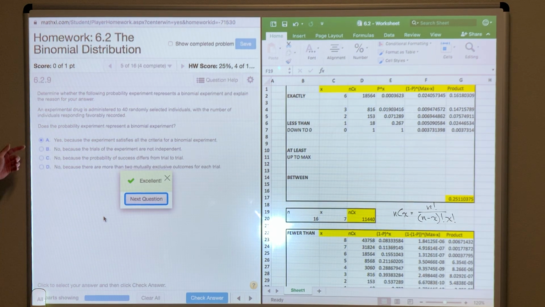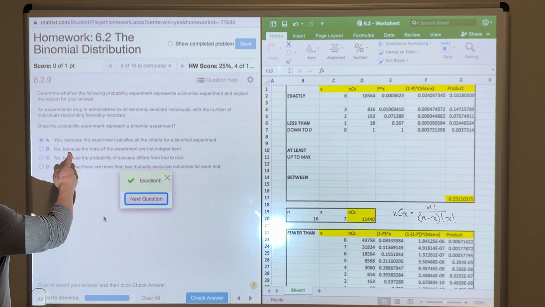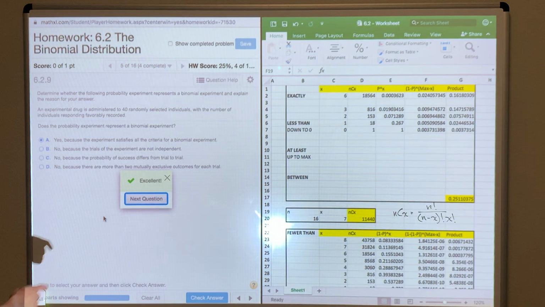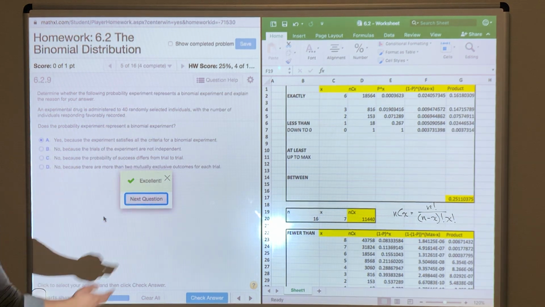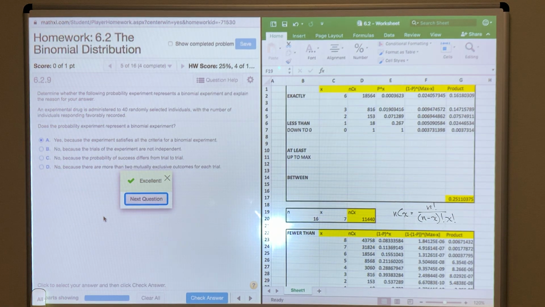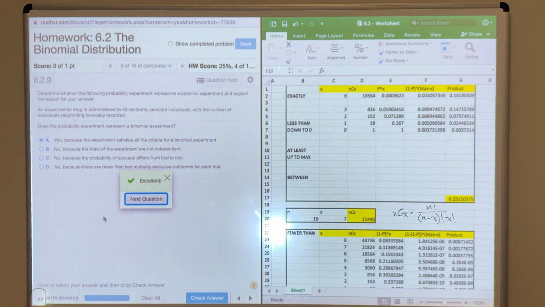If you look at the no's, they actually contradict that. No, because the trials of the experiment are not independent. Well, they are independent. Each person would not be connected to the other in terms of their results from the experimental drug. No, because the probability of success differs from trial to trial. Not really, because that probability of success supposedly should be the same.